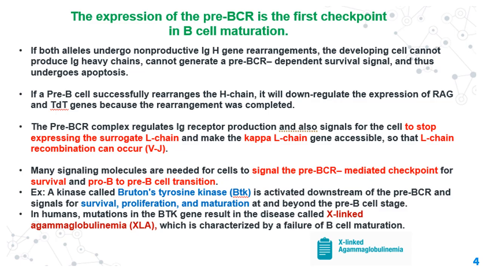So if you have a person that has XLA, what kind of infections are they most likely to have that are recurrent? Extracellular bacterial infections, right? That would make sense on how the problem with this gene can affect the reaction to certain types of pathogens.